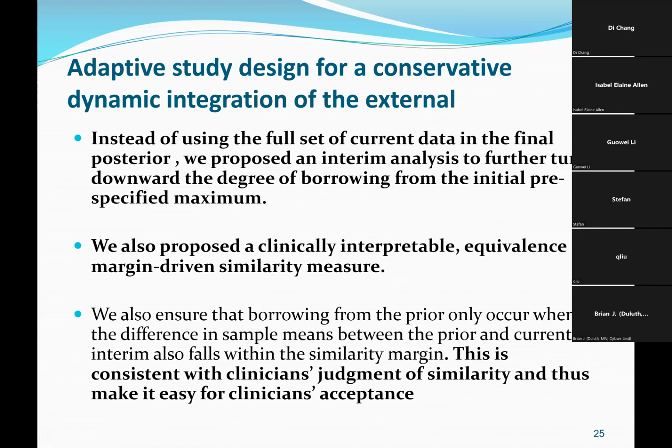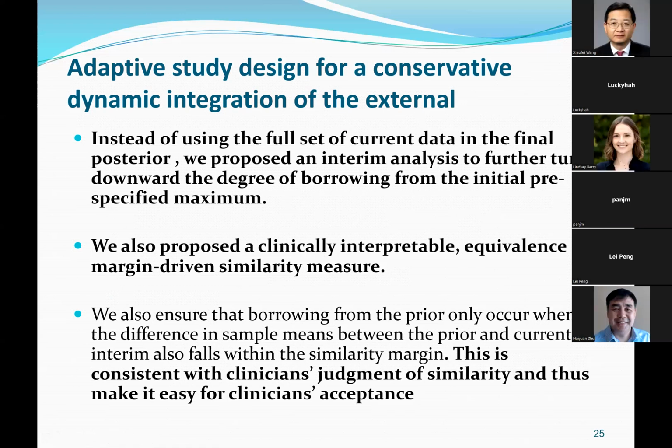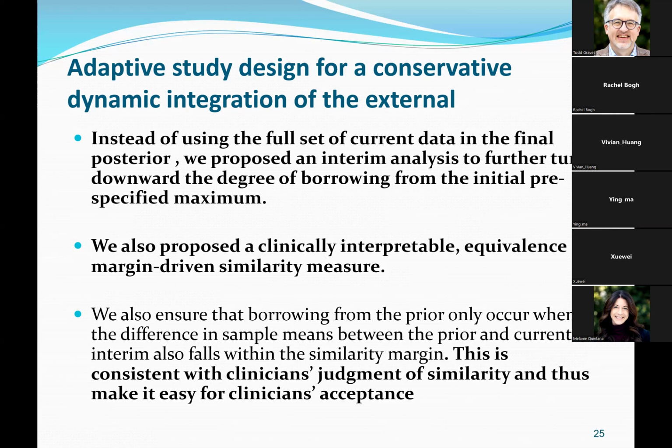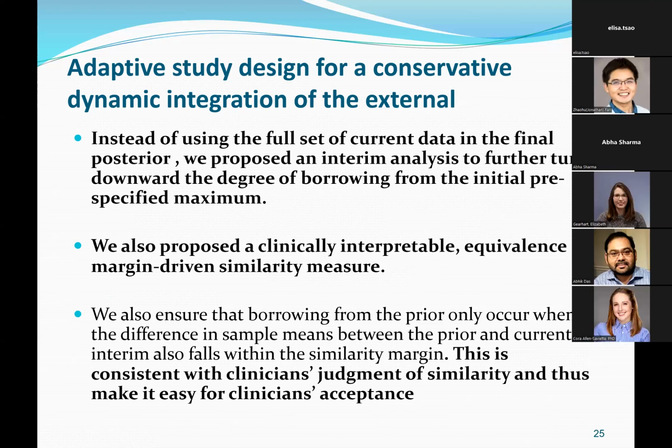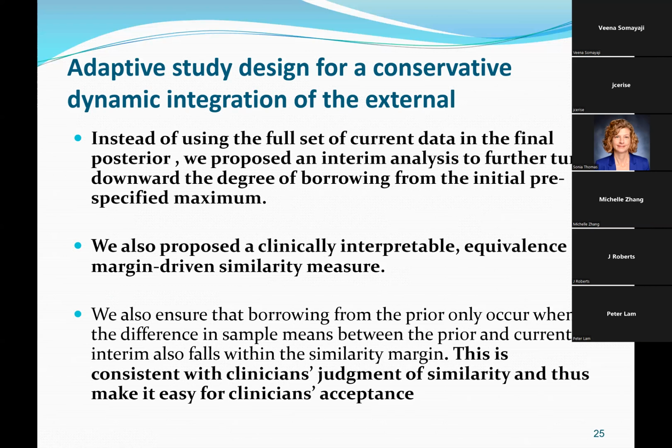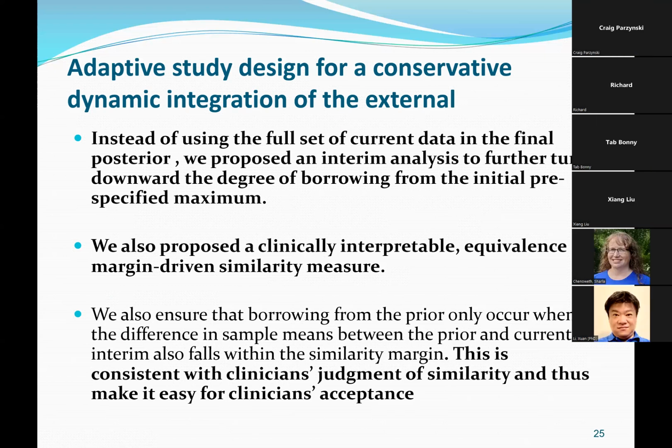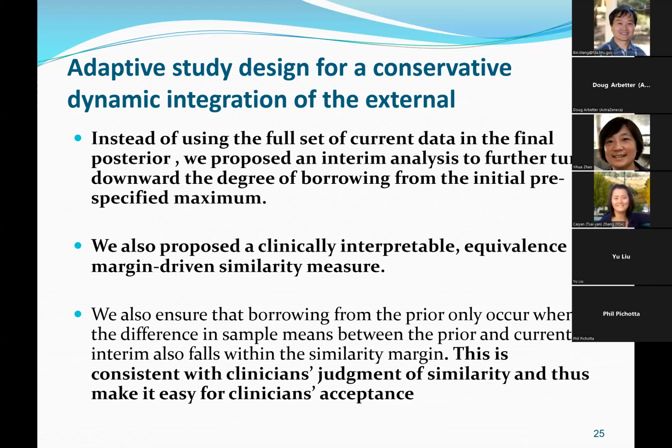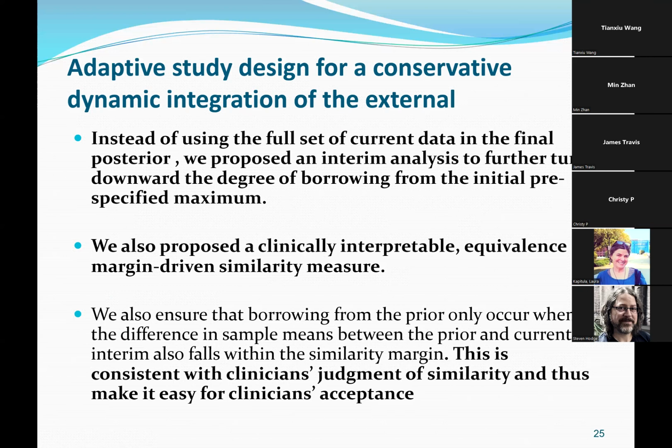So there are two improvements over Haddad's methodology, because of some concerns associated with using the full data set of the current data. So we built in an interim analysis to further downgrade the degree of borrowing at the interim. So you're not going to use the full current data set.